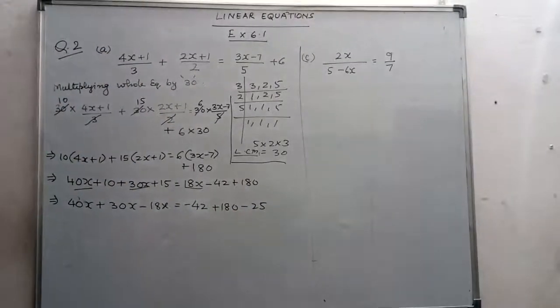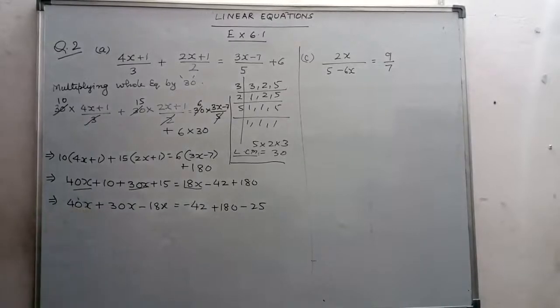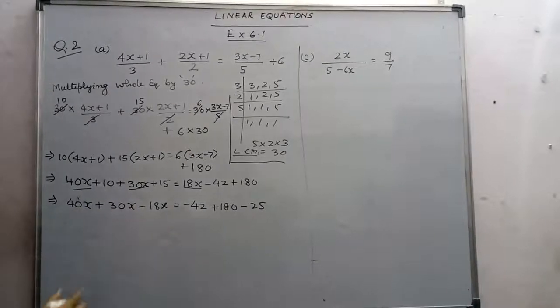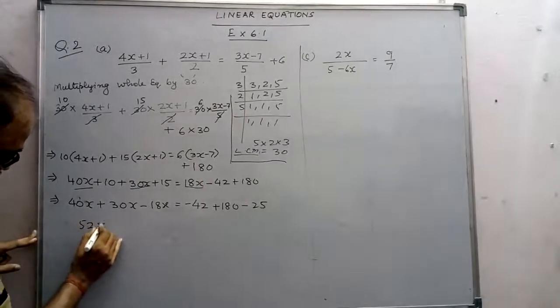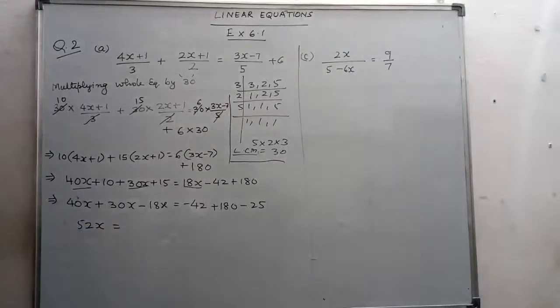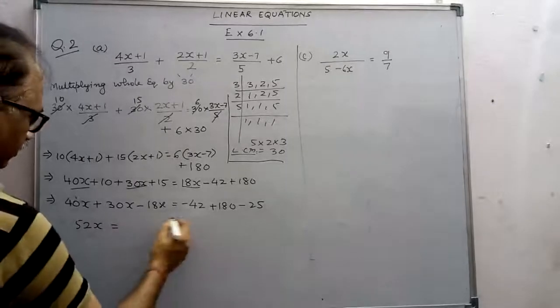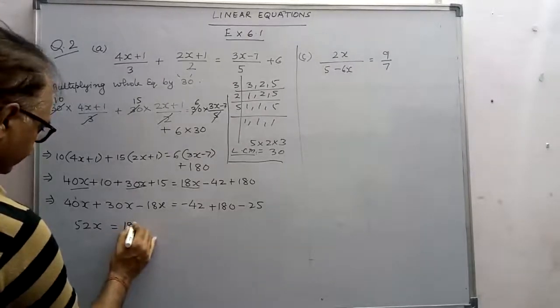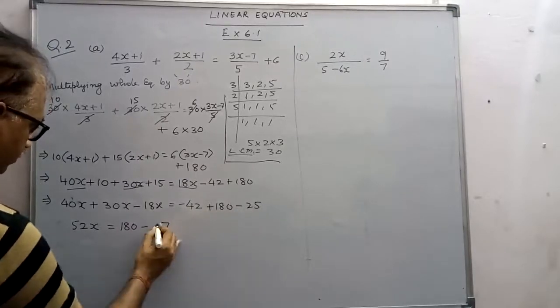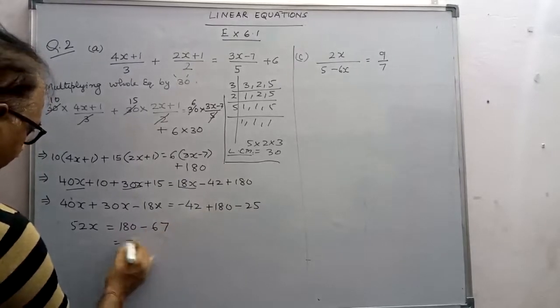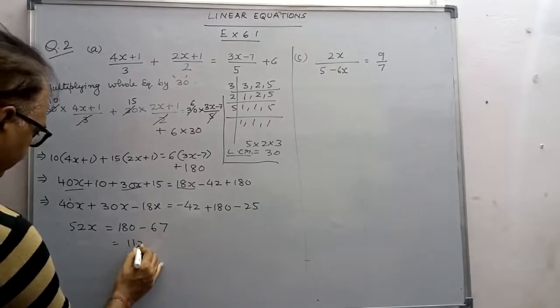So 40 plus 30 is 70, and 70 minus 18 is 52x. That equals 180 minus 67, which is 113.